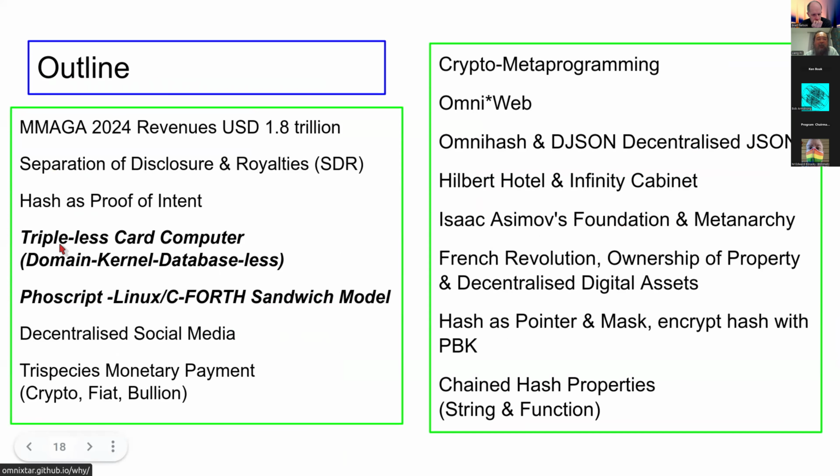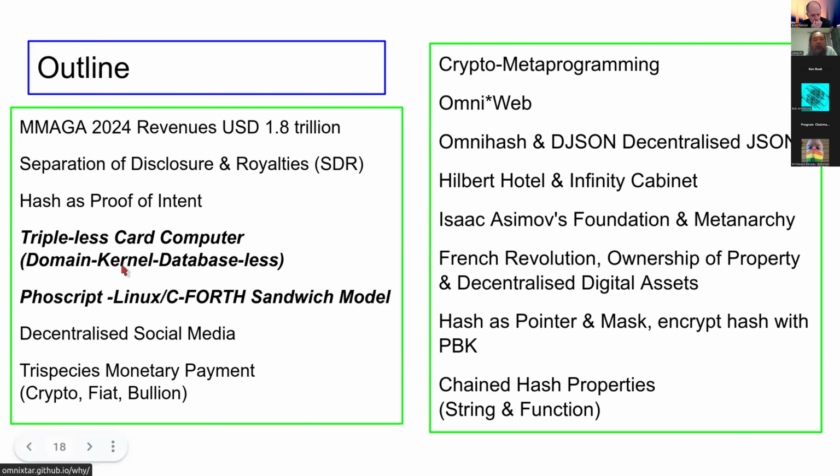That is a system without domain and without kernel and without database. So I have proven that we can do without database. You are welcome to download the code from our website, as you can see in the first page of this presentation.